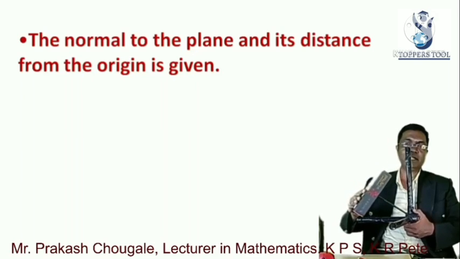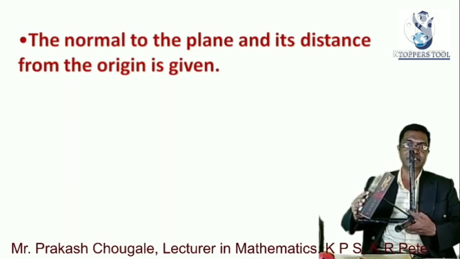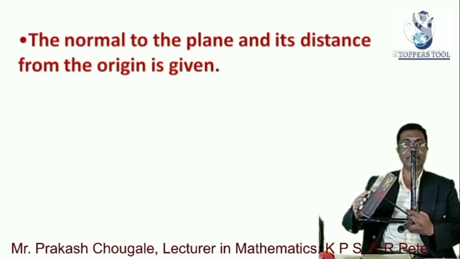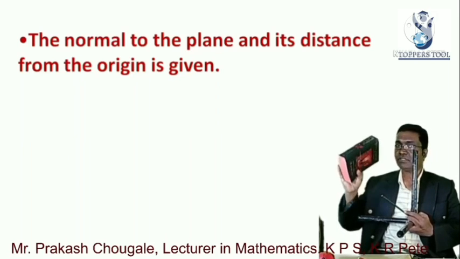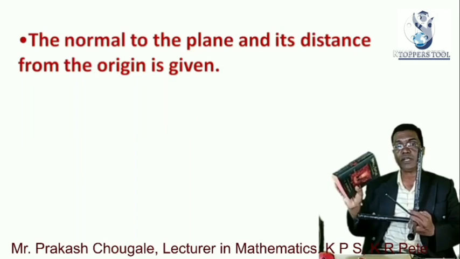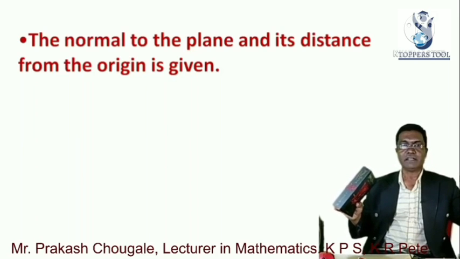Suppose this is perpendicular to the plane, then this line is called the normal to the plane. And if its distance is known, then you can construct the equation of this plane. This is the one piece of information that you require.